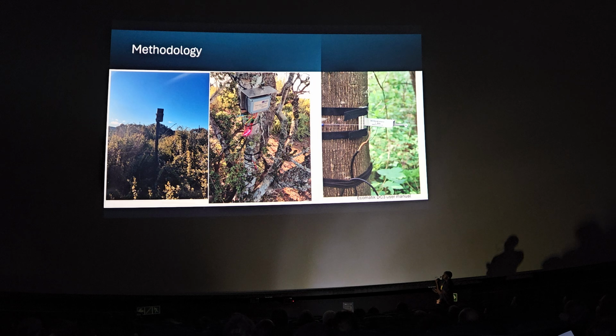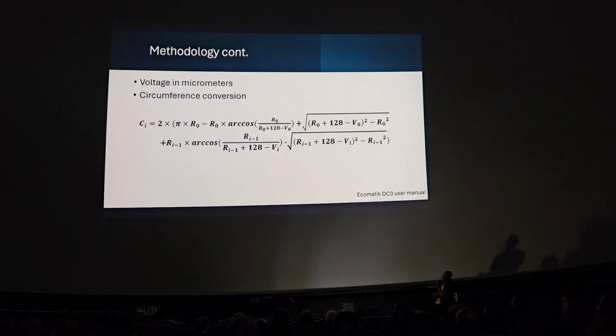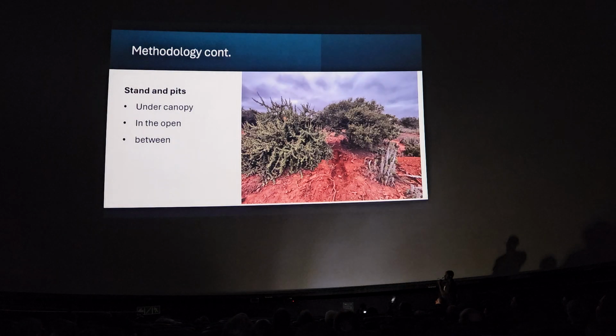And this is our setup at Hive, where we have our dendrometer down here, and that's just a data logger. At each, we have one connected to a spekboom and another to a Euclea. And this is a trail camera just for looking at the phenological states. This is just a conversion formula to get your voltage data into circumference.